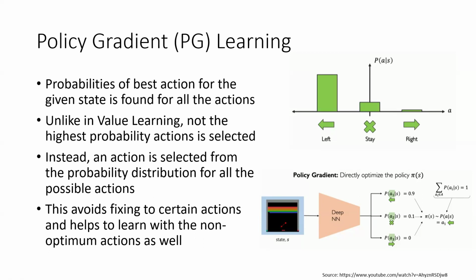Not that it is bad at exploitation, but when it comes to the Q function or value learning, in certain cases there would be very little or no exploration, but most of the time it would be exploitation.